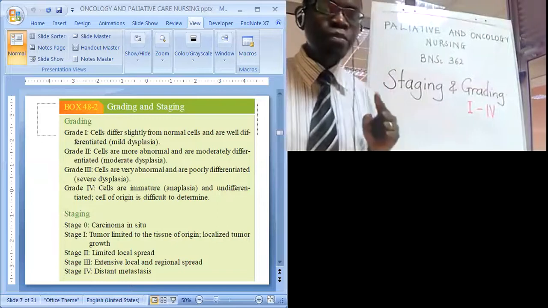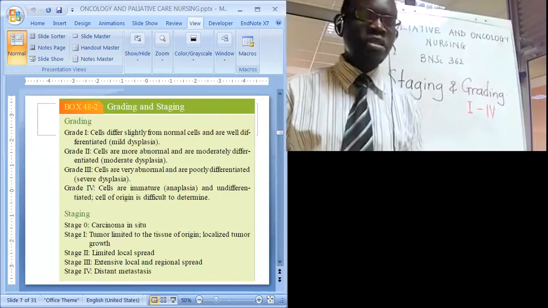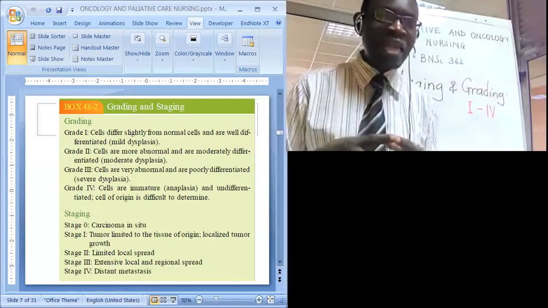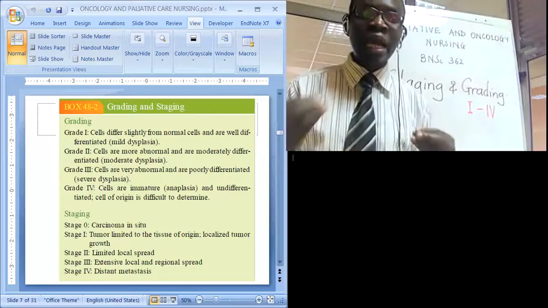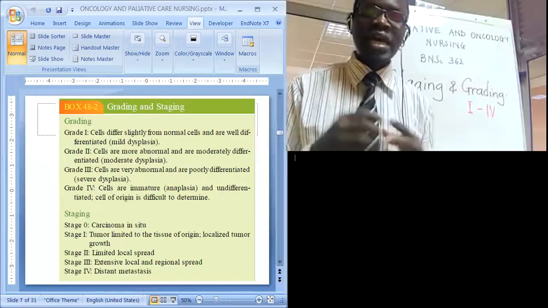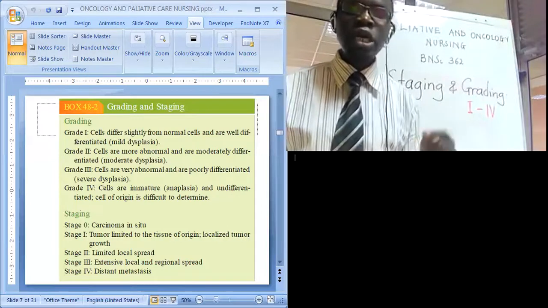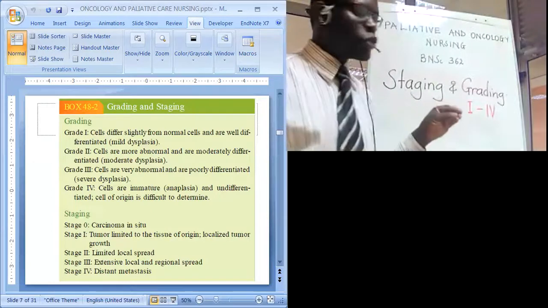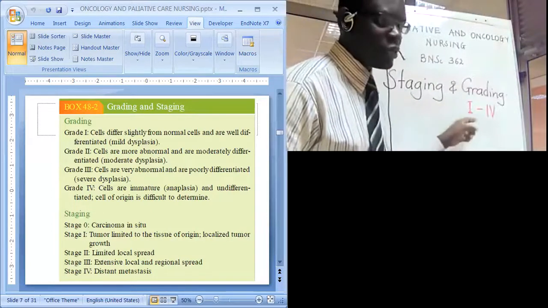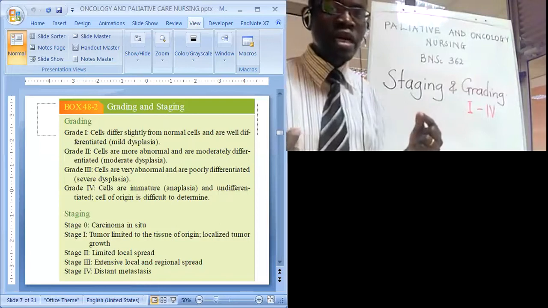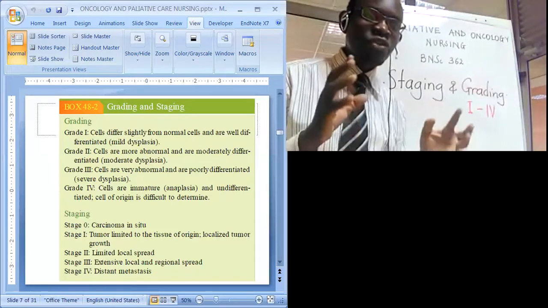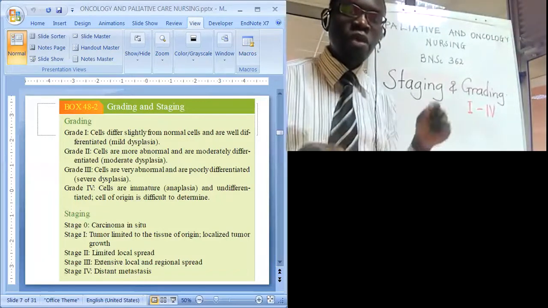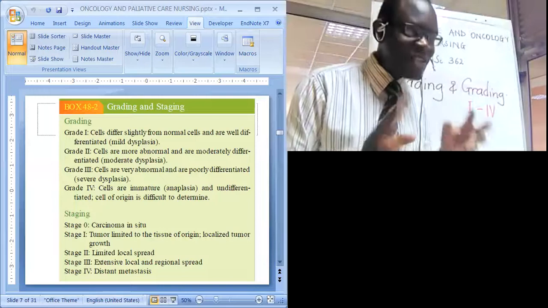However, with cancer cells, what actually happens is that they grow rapidly and they fail to become like those cells that are in that area. In other words, they fail to differentiate. That is what we call differentiation. Now, when we talk about grade 1, it means that the cells resemble those cells in that region, and they differ slightly from them.